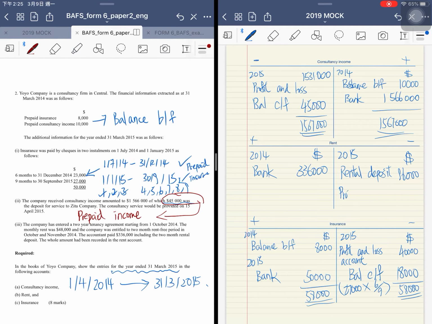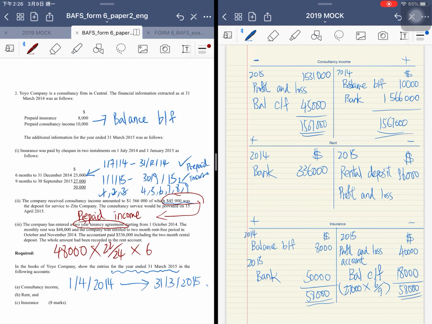And for the profit and loss, because this is a 2-year agreement, actually we have to pay 24 months of rent, but we only paid 22.